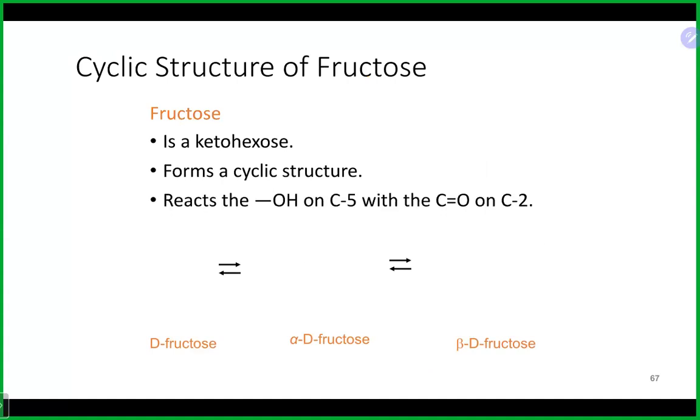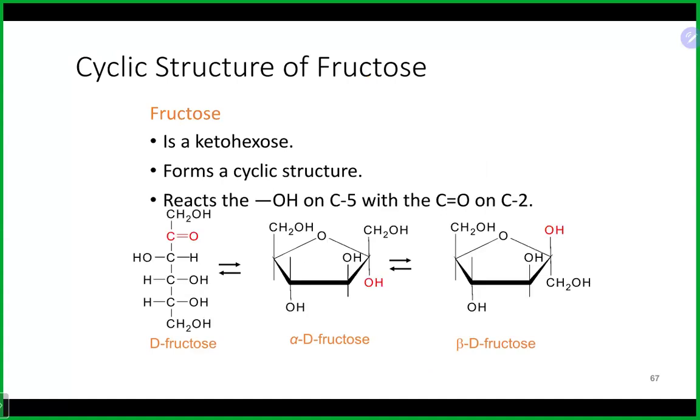Now, fructose, and we drew one similar to this. In this situation, because it is the ketone group that is there, we are going to go from this carbon right here, and if we number them 1, 2, 3, 4, 5, and 6, it will go to carbon number 2 where the carbon-oxygen double bond is located. That gives us a different ring.